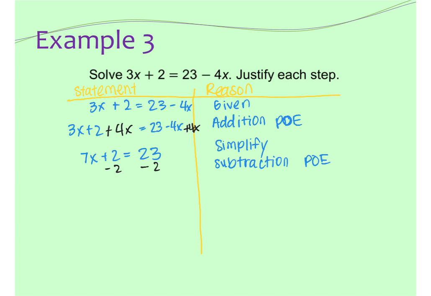After we do that, we will be left with 7x equals 21. This is a simplify step. And our last step would be divide by 7, which is the division property of equality.